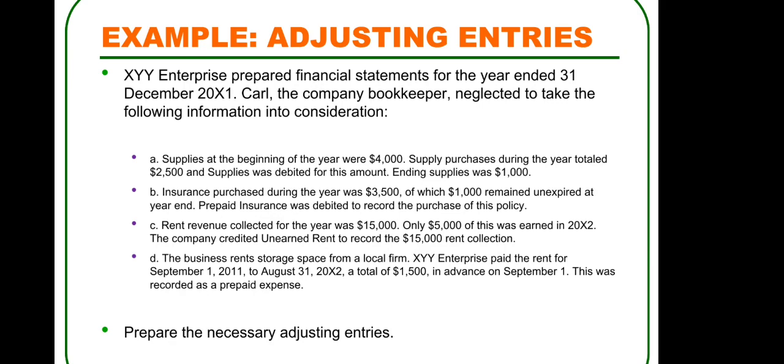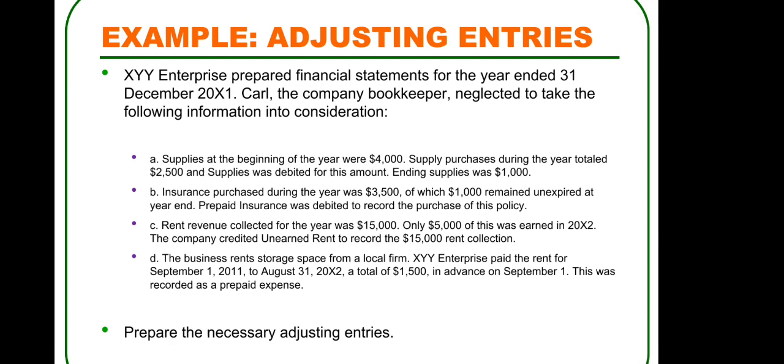The beginning of the year balance for supplies is 4,000, and during the year supplies purchased is 2,500, and ending supplies is 1,000. So 4,000 plus 2,500 is 6,500, and then minus 1,000.